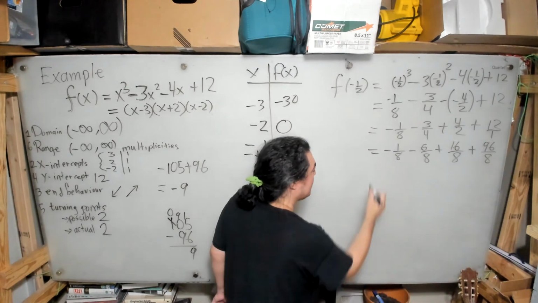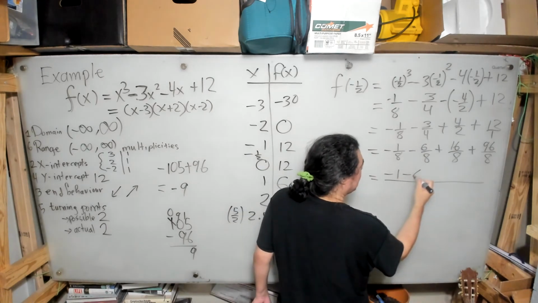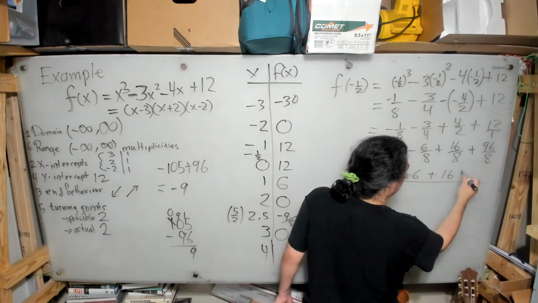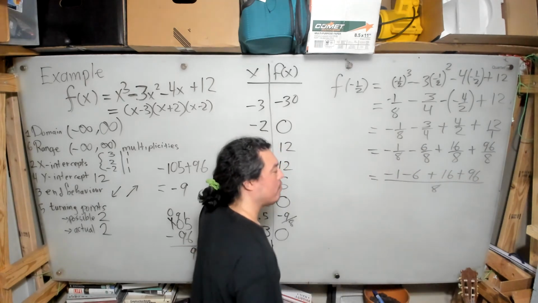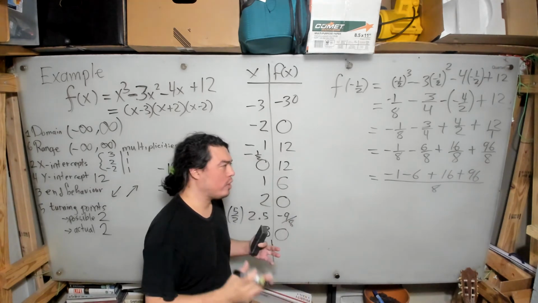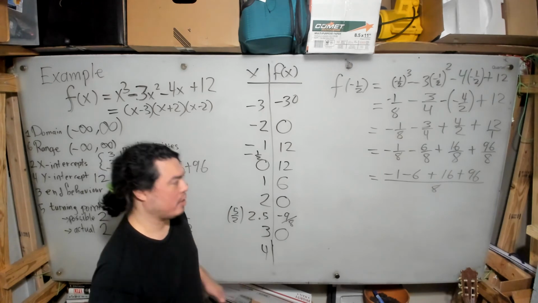So now I can set this all over the same bar. Negative 1 minus 6 plus 16 plus 96. And why? Because they're all being added or subtracted with the same denominator, so I can add the numerators and keep the denominator.